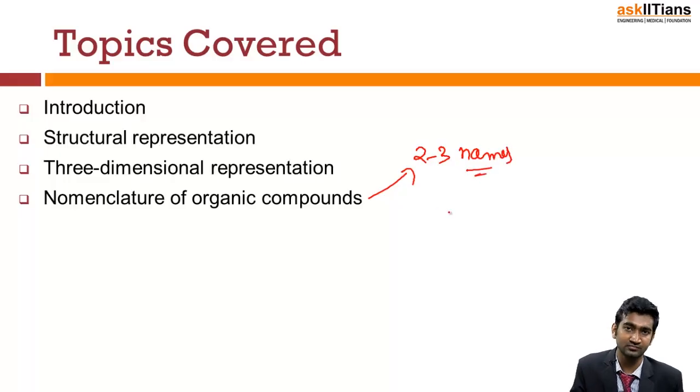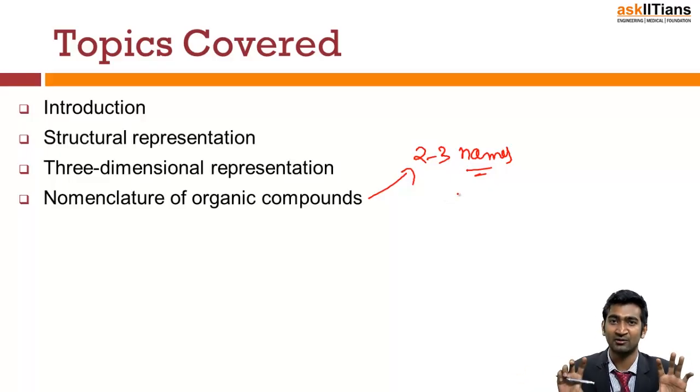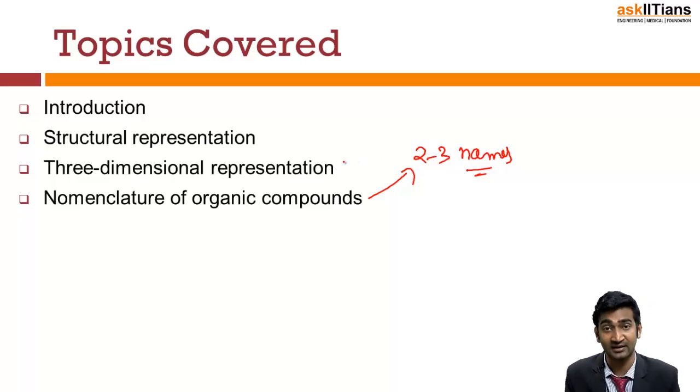It may even come in your JEE Advanced sometimes: one big question, a big molecule, and you have to name it. What is the IUPAC name of that compound? In that form it may come. So you have to understand very carefully how to do the IUPAC nomenclature of those compounds. There are very specific rules for it.